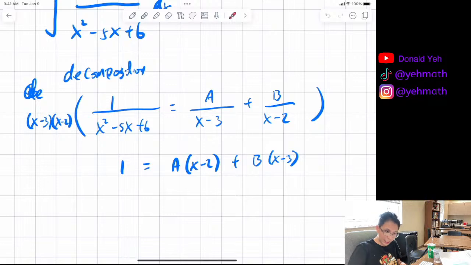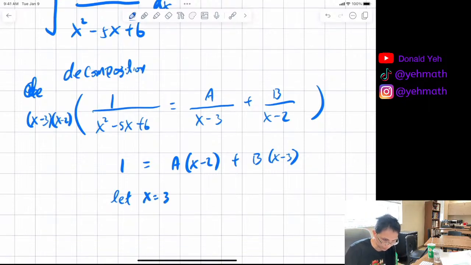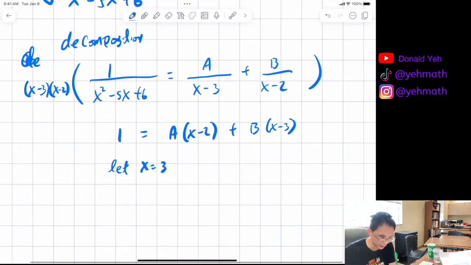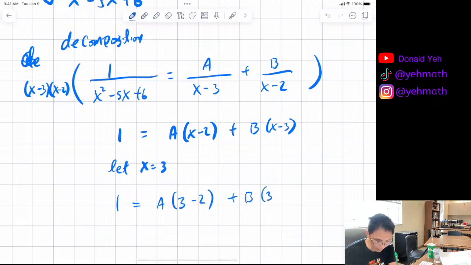So let x equal 3. What happens when x equals 3? 1 equals a times 3 minus 2 plus b times 3 minus 3.